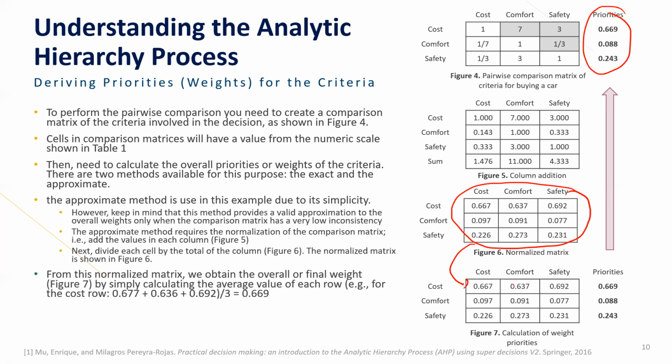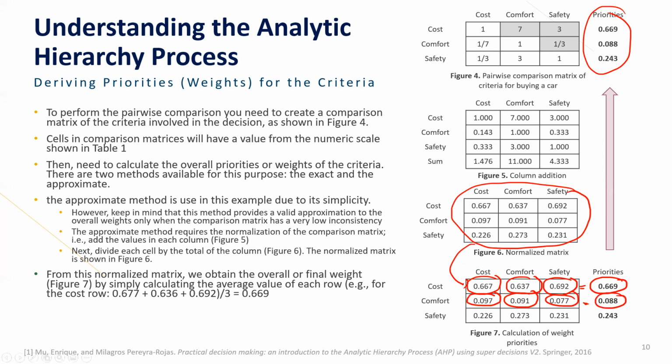The average of this is 0.667 plus 0.637 plus 0.692 divided by 3, which will be equal to this. And this one is also the same: 0.097, 0.091, 0.077 is equal to 0.088.